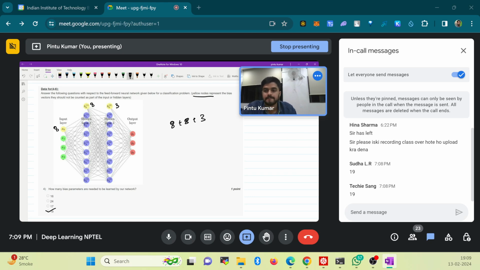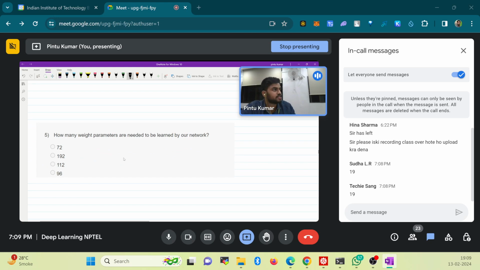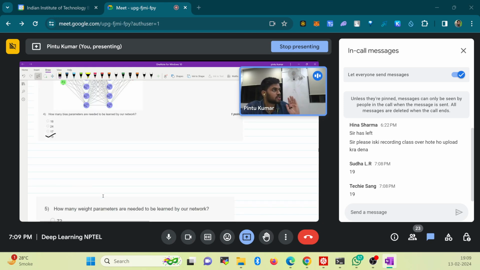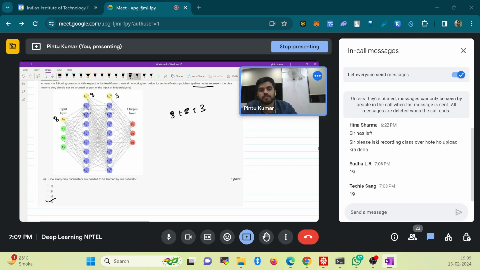That is correct. Now next question is, how many weight parameters are there that need to be learned? This question is specifically with respect to weight parameters. You need not count bias. So input layer has 3 and the second layer has 8.